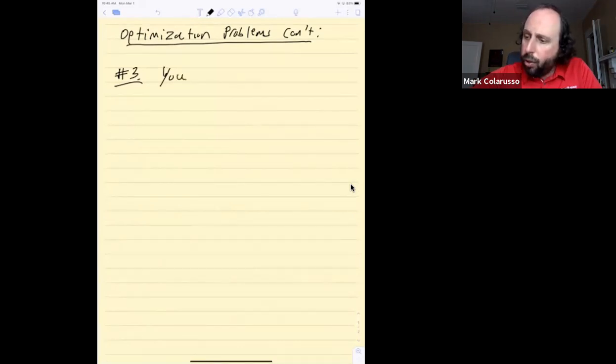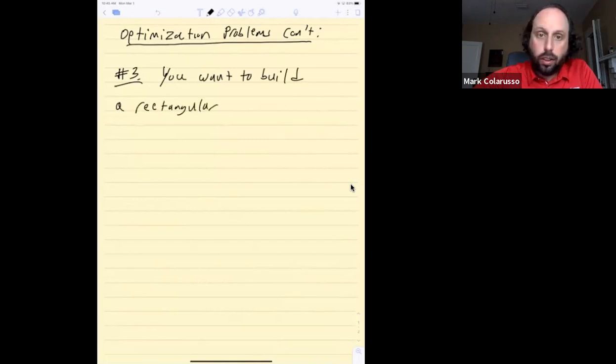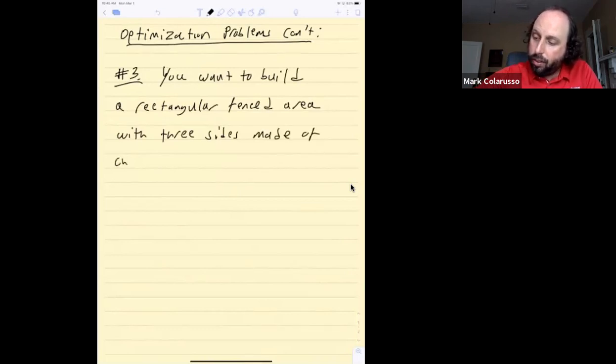So you want to build a rectangular fence area with three sides made of chain link fence and one side made of wood.